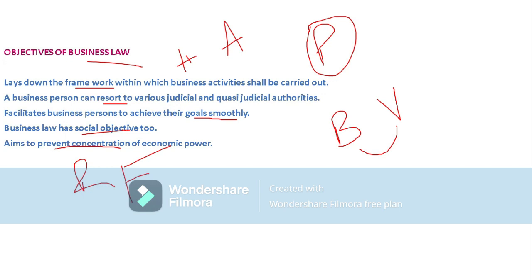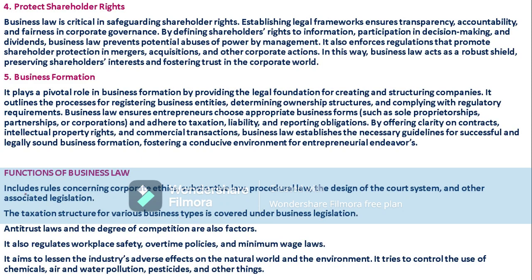Now if we see the functions, what are the functions of business law? It includes rules concerning corporate ethics, substantive law, procedural law, the design of the court system and other associated legislations. Here, functions means how these business laws work.